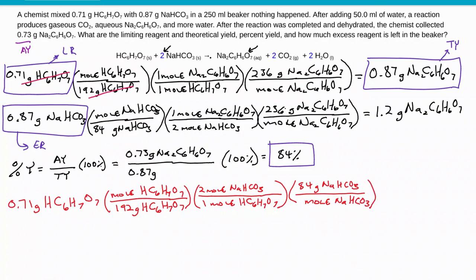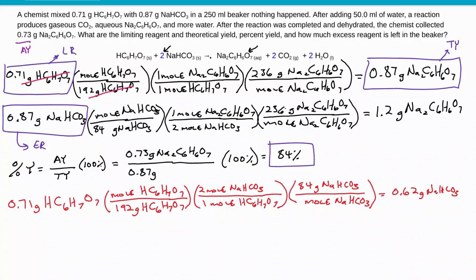Okay, what this is going to give us is 0.62 grams of NaHCO3 baking soda. So 0.71 grams only requires 0.62 grams of baking soda.